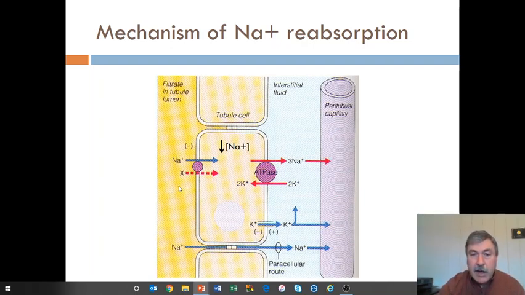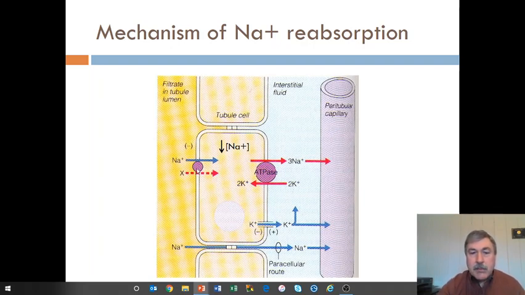So since we do have a gradient of sodium, which is higher in the filtrate and lower in the cell, that enables sodium to move across the luminal membrane by facilitated diffusion. So once sodium gets inside the cell, then it's almost immediately pumped out across the basolateral membrane into the interstitial space, where that sodium is then taken up by the peritubular capillaries. So that's how sodium is reabsorbed.